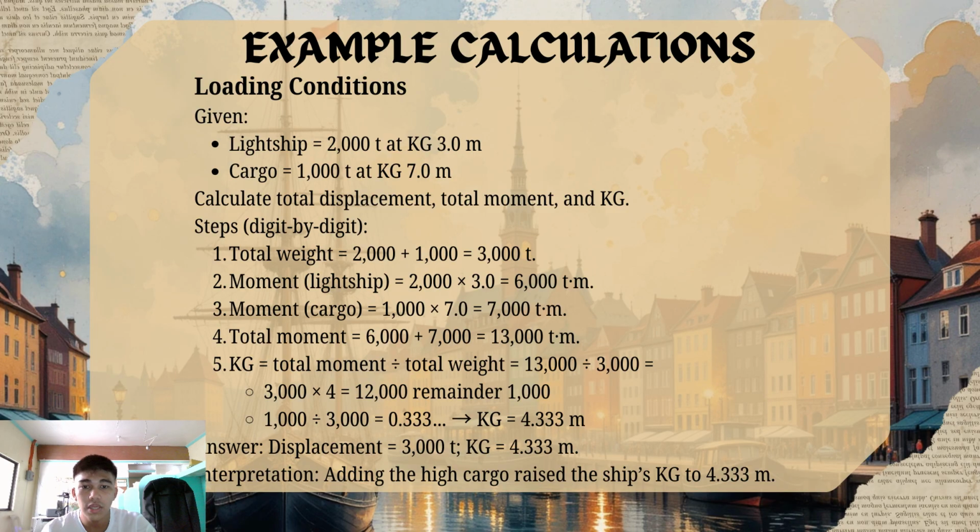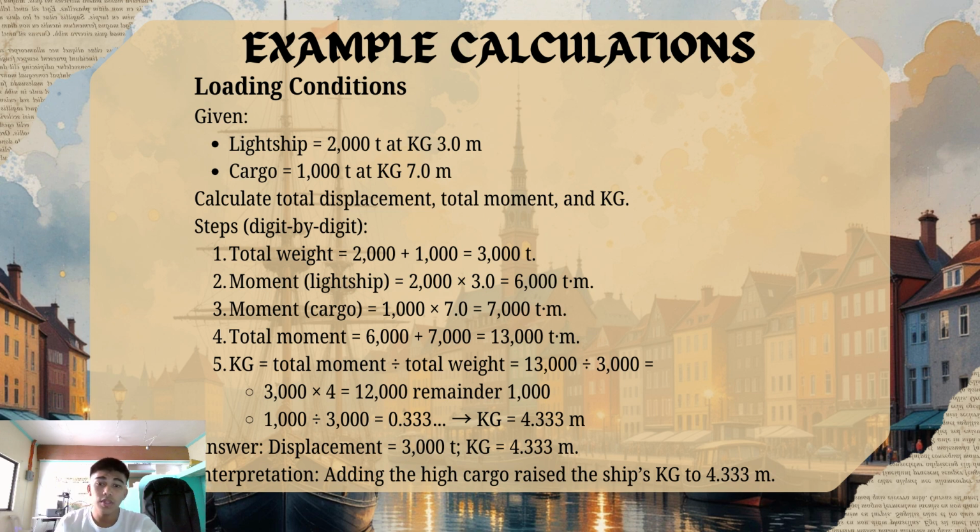Sa lightship, merong 2,000 tons, ita-times lang po natin ito sa 3.0 meters para makuha po natin yung 6,000 tons-meter. Sa cargo din, 1,000 tons times 7.0 meters para makuha po natin yung 7,000 tons-meter. So, to compute the total moment ng lightship and cargo, ipag-add lang po natin yung nakuhang moment ng lightship at cargo. So, 6,000 plus 7,000 is 13,000 tons-meter.